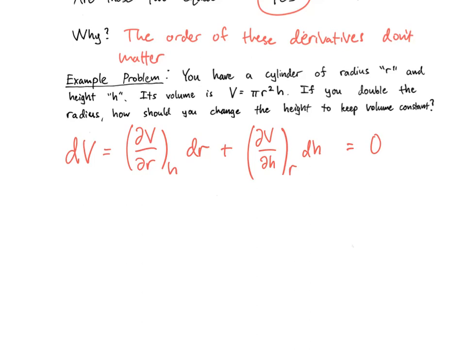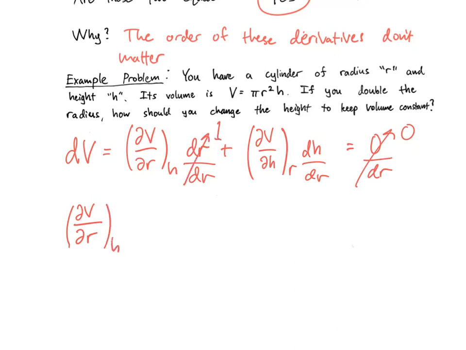All right, let's divide both sides of the equation by dr. Obviously, that just becomes 0. And what we'll get is that partial V, partial r, holding h constant, this becomes 1, plus partial V, partial h, holding r constant, and then the derivative of h with respect to r equals 0.